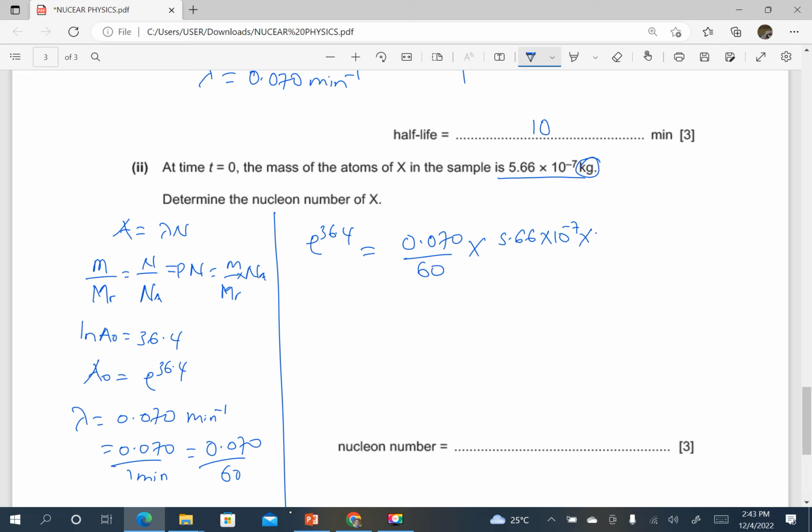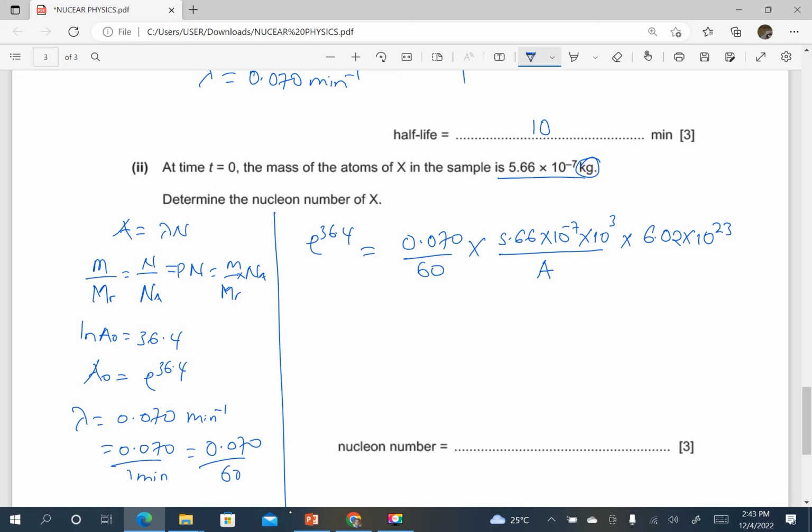I multiply it by 1,000, so this will be times 10 power 3. Divide by the molar mass, which is what we want to find. I will call it A in grams. Then times Avogadro's number, which is 6.02 times 10 power 23.